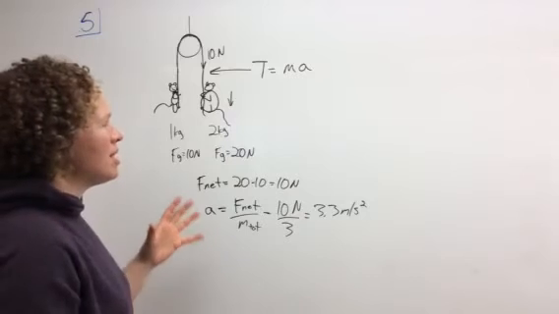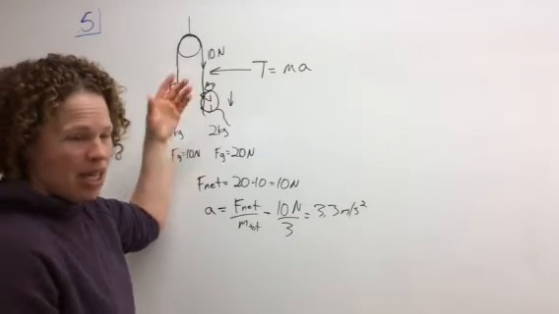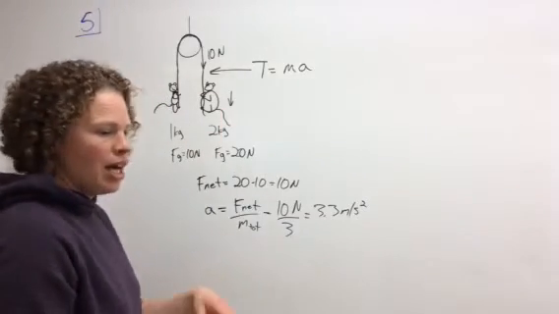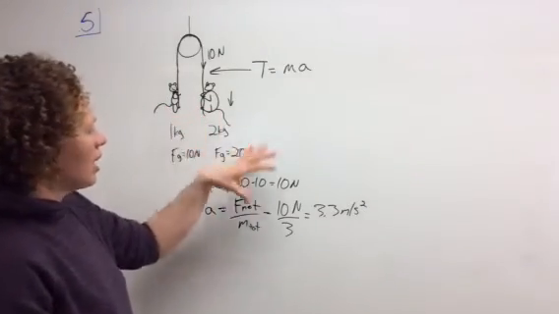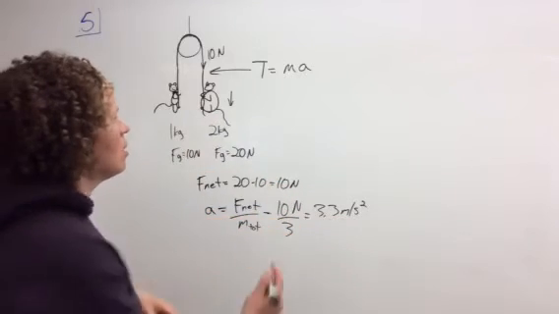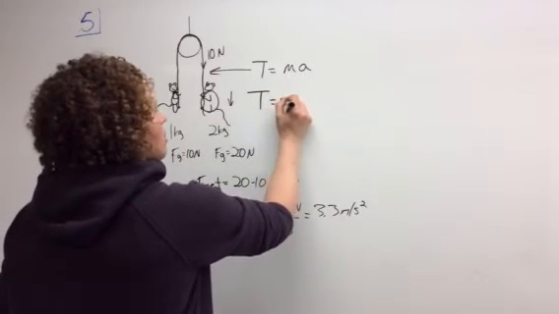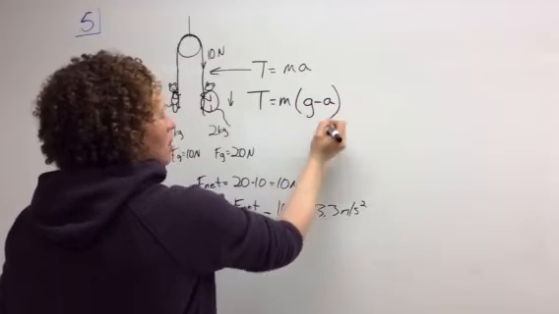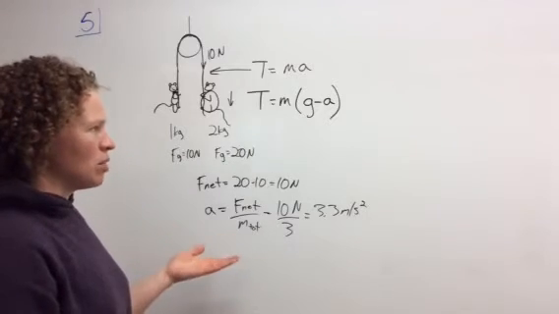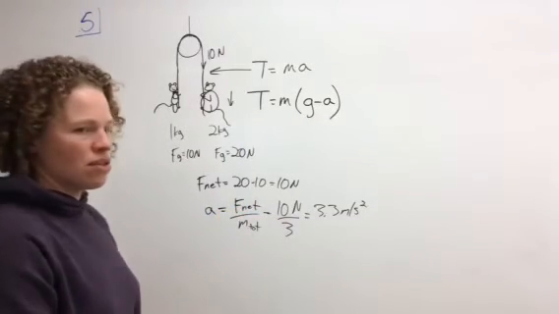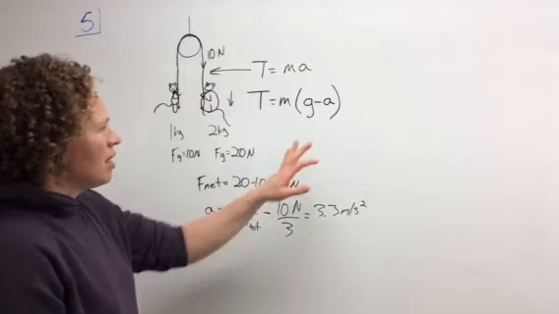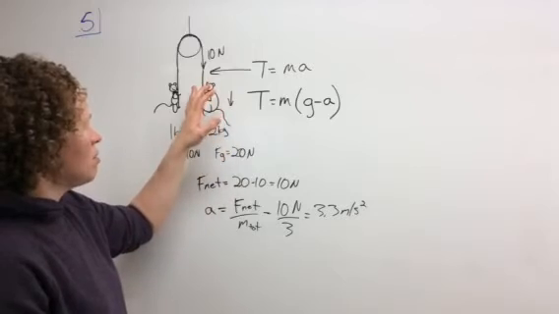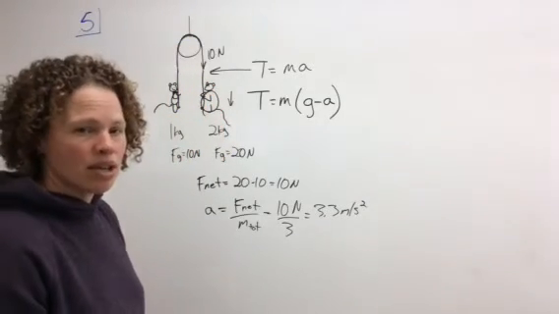So what happens is the tension that's left in the rope is the tension caused by the difference between if he was free falling, which would be no tension, and what he has going on with this acceleration. So I'm going to make a new formula where it's his mass times the difference between the acceleration of gravity, which would be free fall, and the acceleration that's actually here. So basically, the number here is going to be smaller because the tension is being relieved in the direction of gravity.